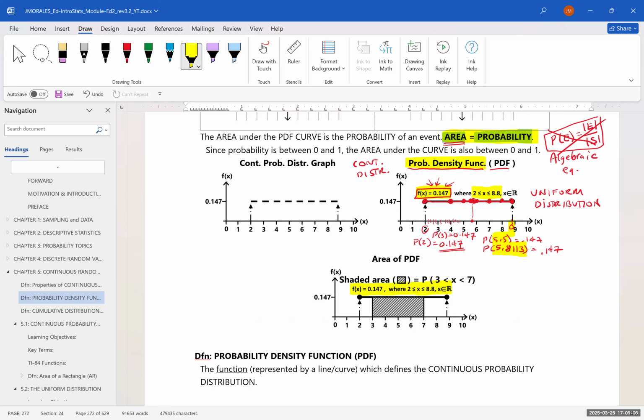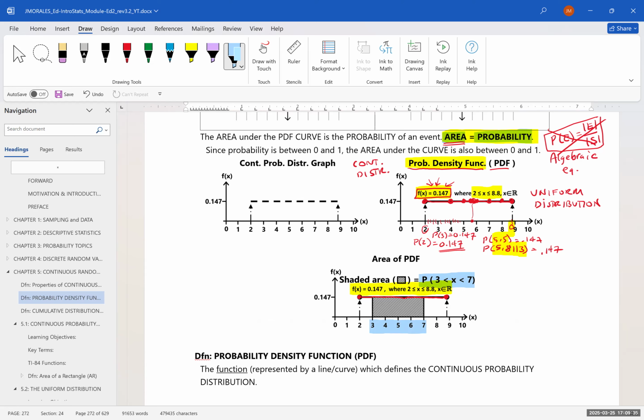So here we've got the probability density function, which is this horizontal line that defines our uniform distribution. What if we wanted to know the probability of x being between 3 to 7? So what's the probability of randomly choosing an x between 3 and 7?